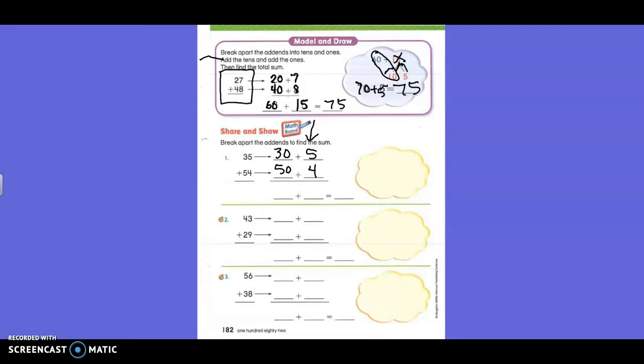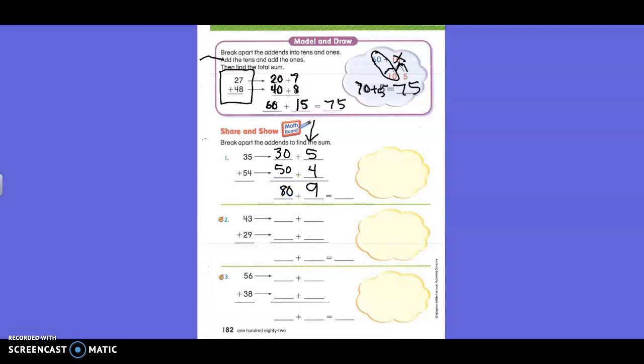5 and 4. What is 5 plus 4 equal, Jaron? 9. Now, 30 plus 50. What is 30 plus 50 equal, Kason? 80. Okay.